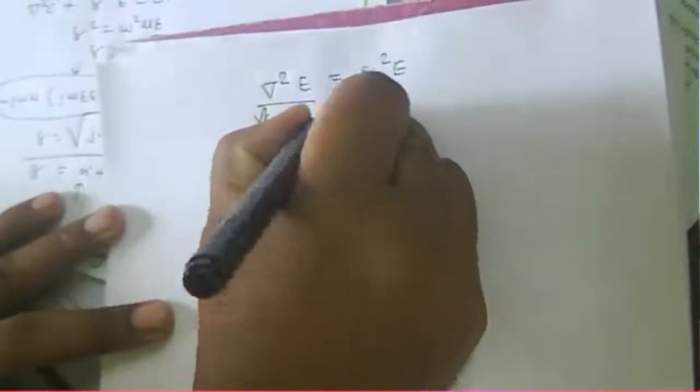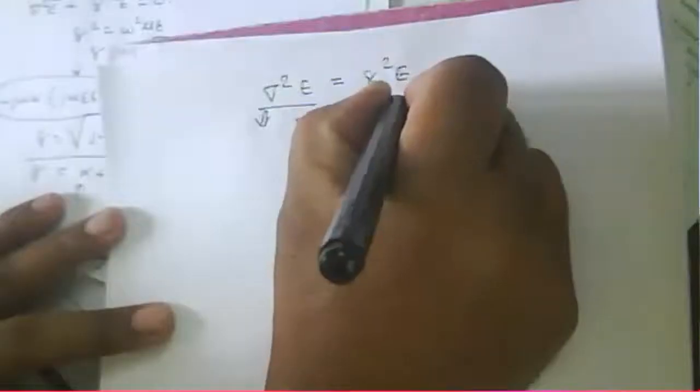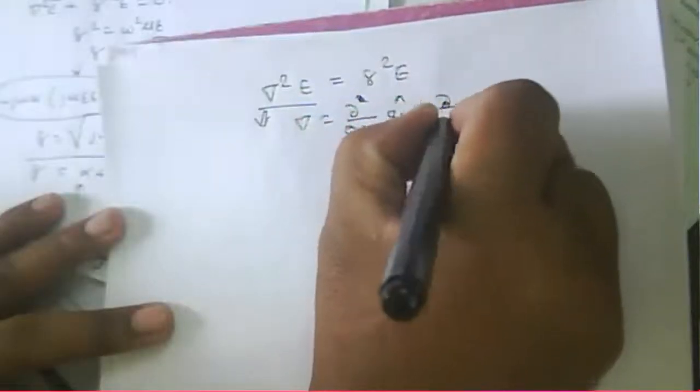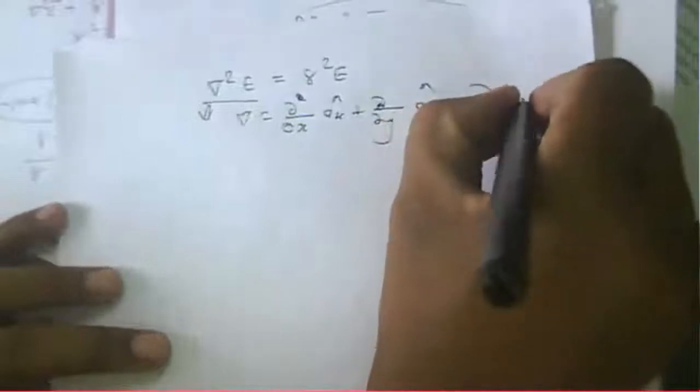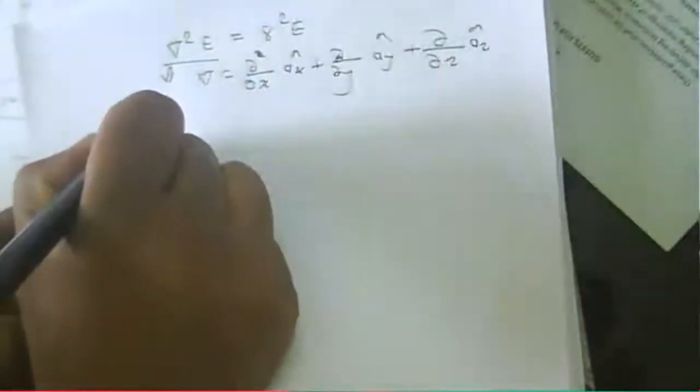Del is a vector operator: dou by dou x, not square, ax unit vector; dou by dou y, ay unit vector; plus dou by dou z, az unit vector. Now I am writing this del square E here.